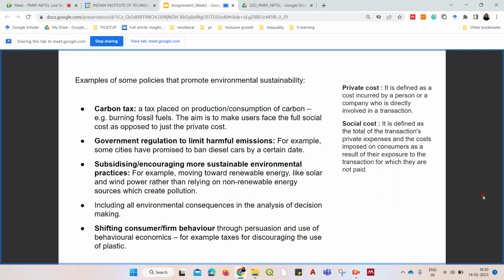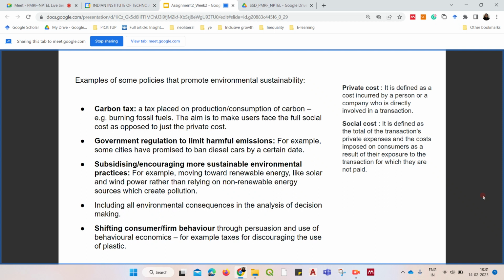So in that sense, such taxes are introduced so that the user pays for the full social cost as opposed to just the private cost of using that fossil fuel.